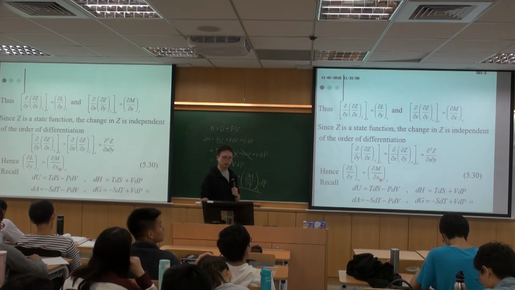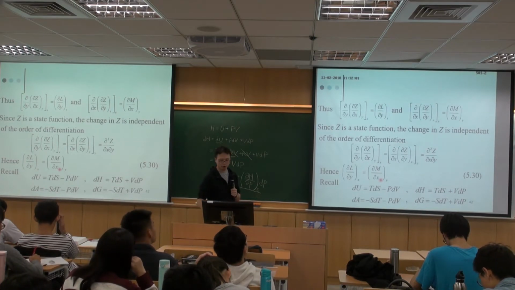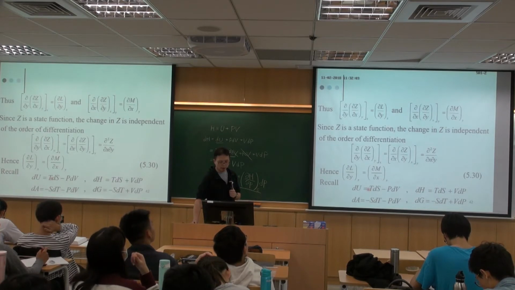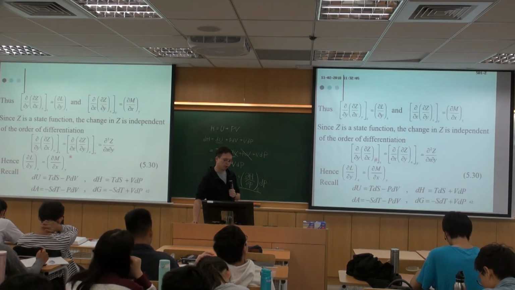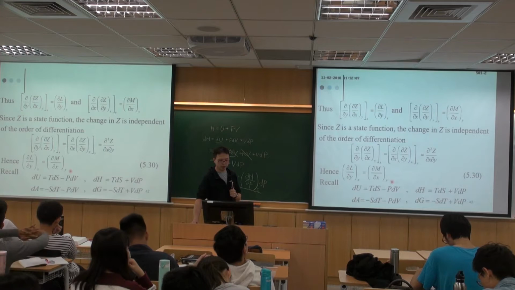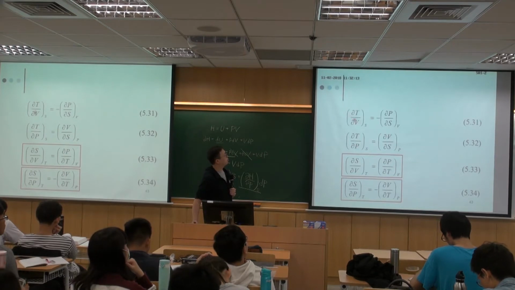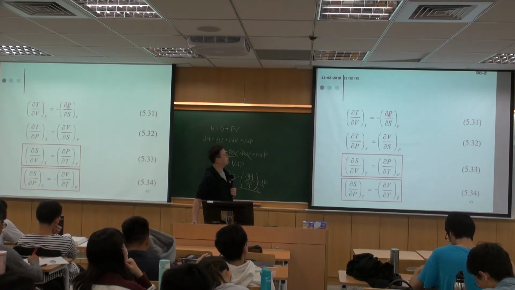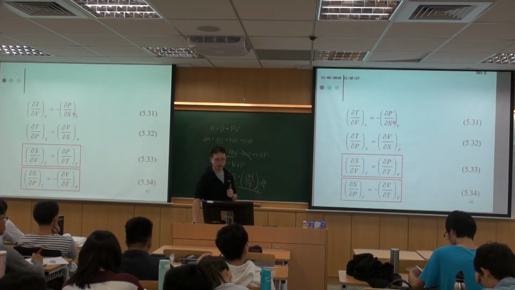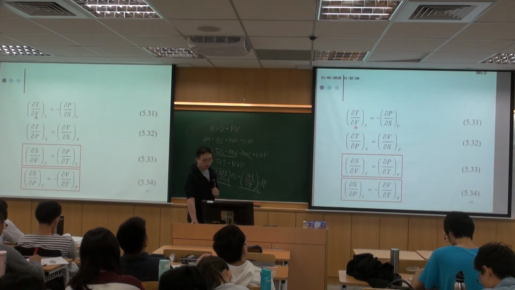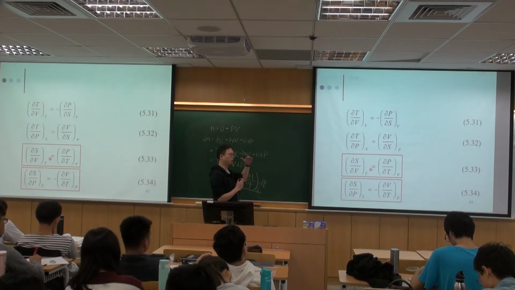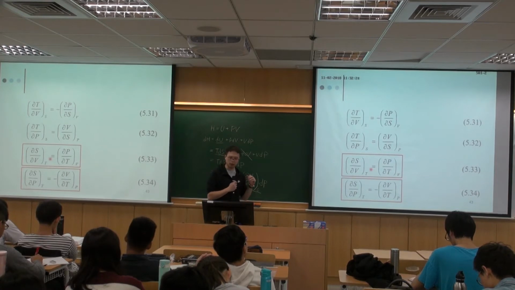So this is a restatement of what we already know. If we have, again, these expressions, and we go through this kind of derivation, we'll end up with these four expressions. So partial T, partial V at fixed S is the same as minus partial P, partial S at fixed V. And so you have four of them because you have four different expressions for those auxiliary functions.